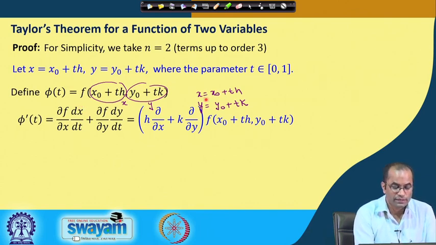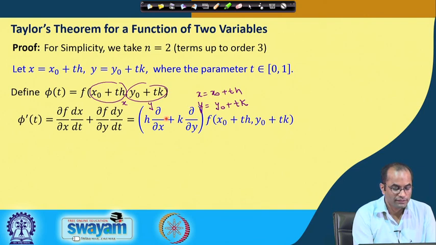Here is dx over dt. x was x0 plus th, so dx over dt means only the h will remain. So, this is h, and the partial derivative with respect to x we have written as it is. Then the derivative of y with respect to t will be k, and then del over del y.